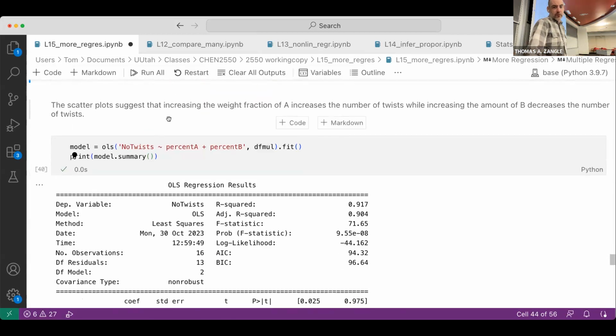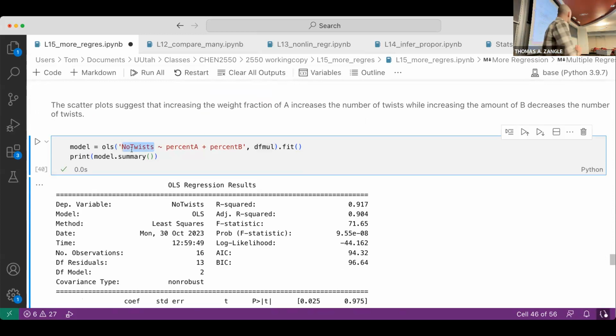Okay, so our scatter plot suggests that these two things appear to have roughly linear effects. So we're going to see how combining the two in a linear way works. We'll use our OLS model, where now it's OLS for number of twists as a function of percent A plus percent B. Note that this is very similar to the syntax that we used when we were doing the second order polynomial fitting.